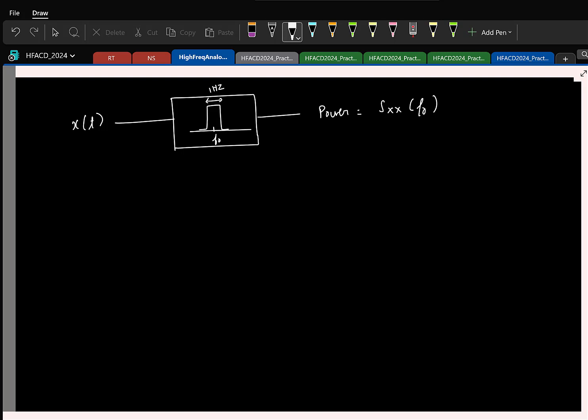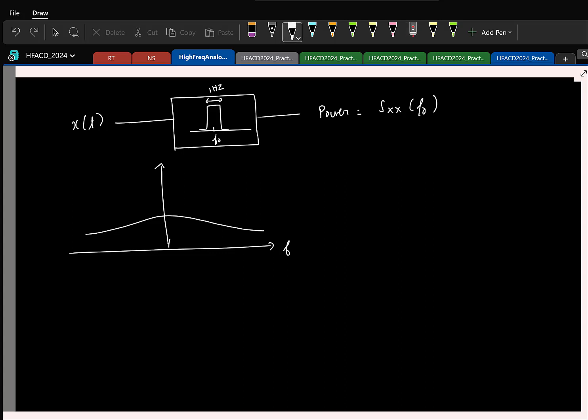Great. So I think you also know this. Power spectral density is an even function of frequency for real signals, which means it is going to look something like this. Again, this shouldn't be surprising, because it says that the power at positive frequencies is equal to the power at negative frequencies, which is expected for real signals.